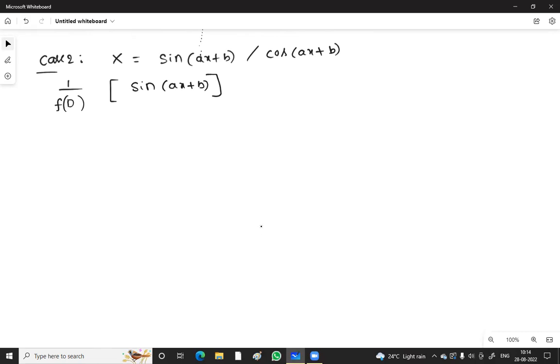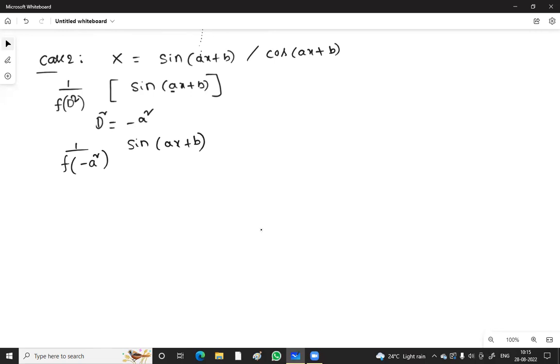Now what you have to do is write your given function f of D in terms of D square. Then you can put D square equal to minus a square. It means 1 over f of D square, in the place of D square you put minus a square, on sin(ax plus b). That's all. That is the answer.